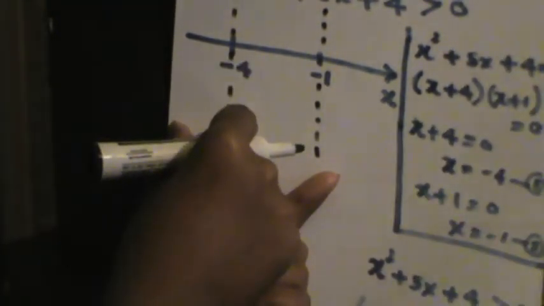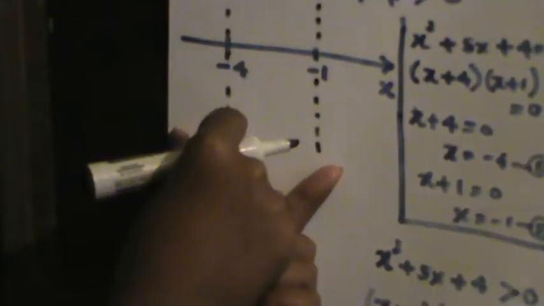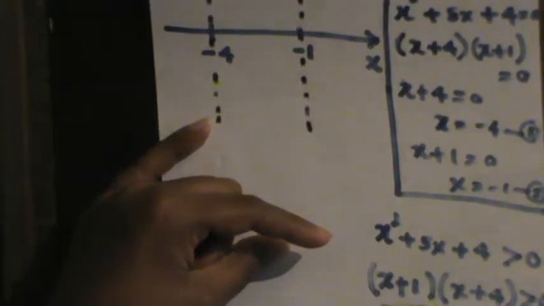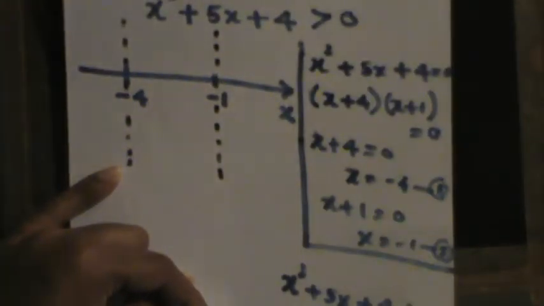So if I take the range between negative infinity and minus 4, if I substitute some value here, what will happen? So I take y equals x plus 1 times x plus 4. Now I have to find the sign of y within each of these ranges.